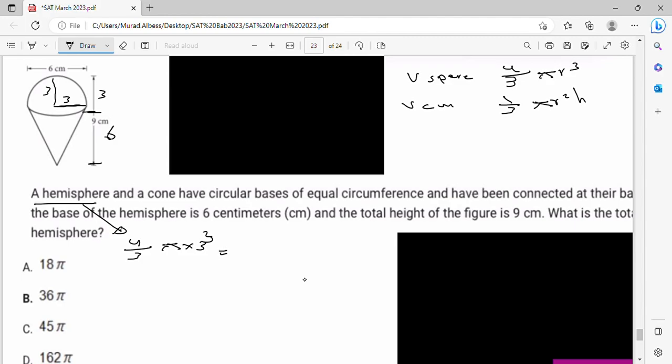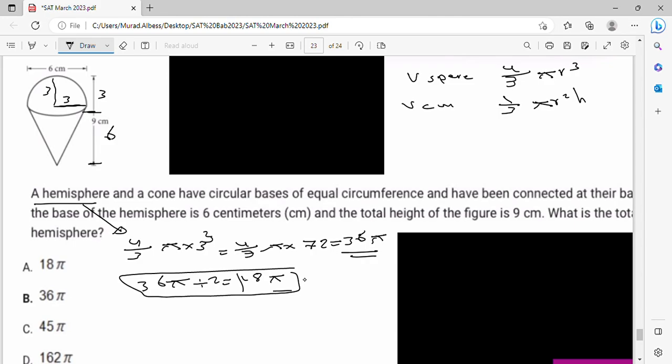That's 4 over 3 pi times 27, so that's 36 pi. But I will divide it by 2 because it's a hemisphere. So that is 18 pi.